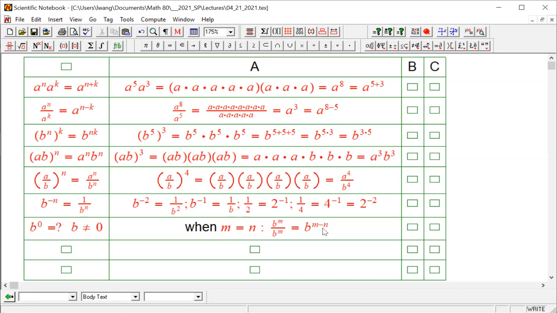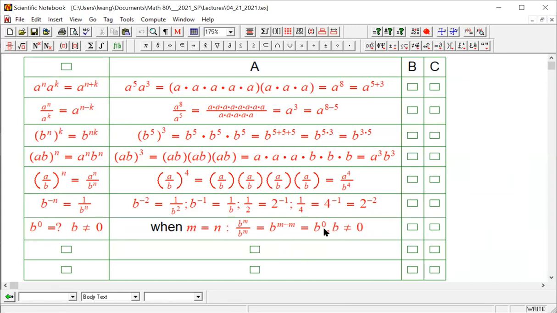So that turns out to be m minus m. M minus m is what? It's b raised to the power of 0, provided b is not 0. B cannot be 0 because b is in the denominator. So that's how b not equal to 0 must be satisfied.